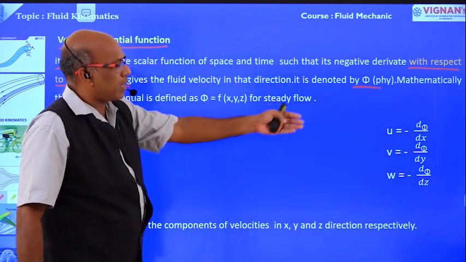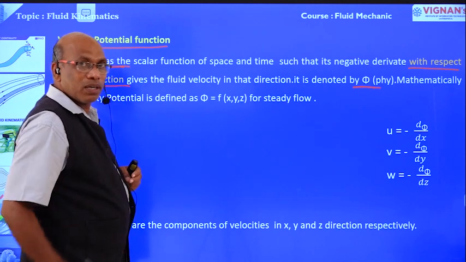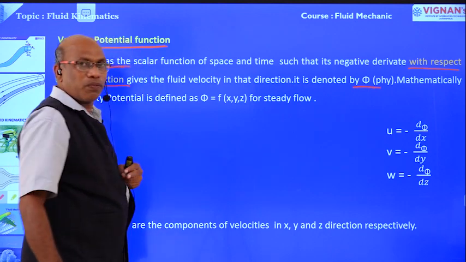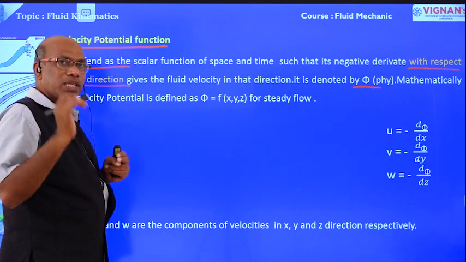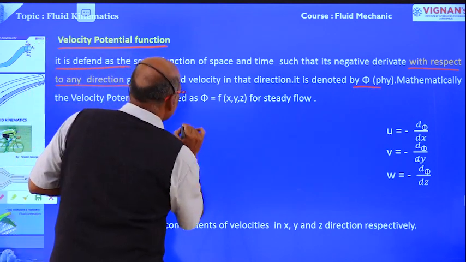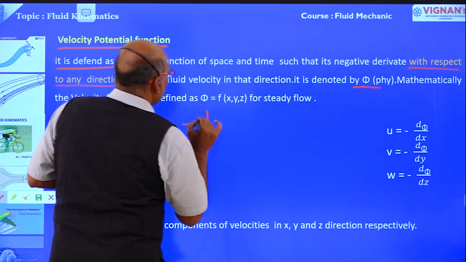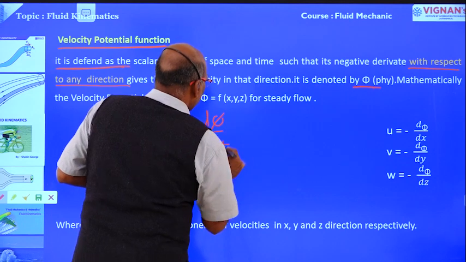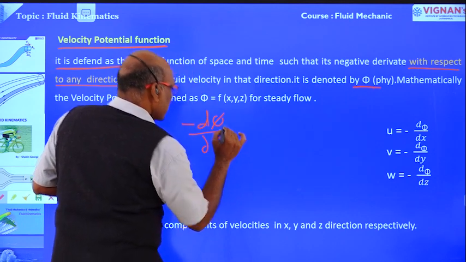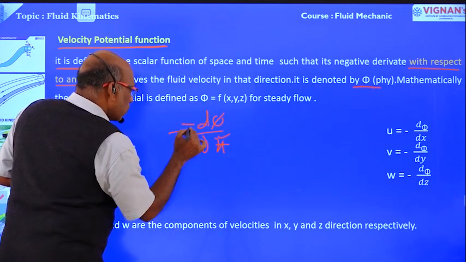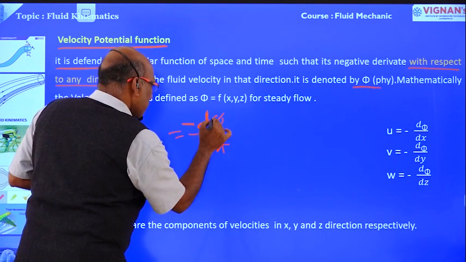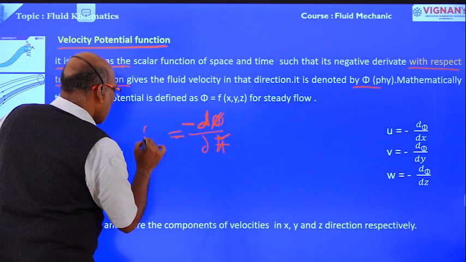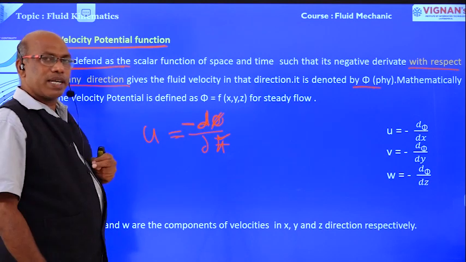Mathematically, this can be written as follows. Once again, the velocity potential function is defined as the scalar function of space and time. Its negative derivative with respect to any direction gives the velocity component in that direction.